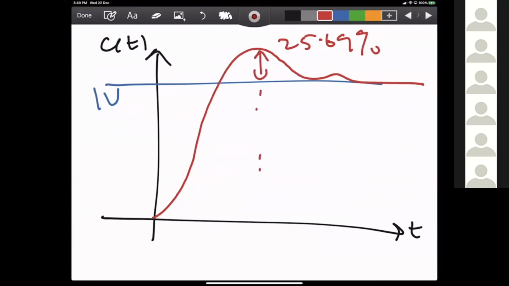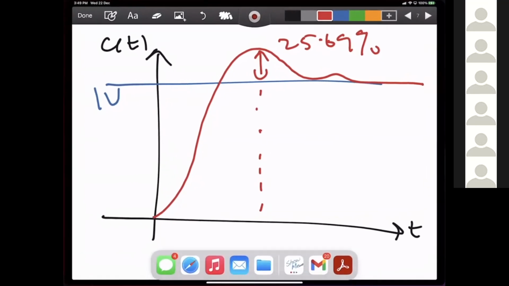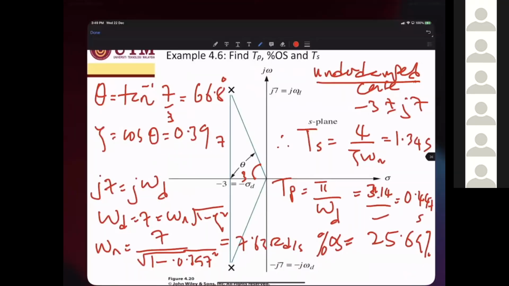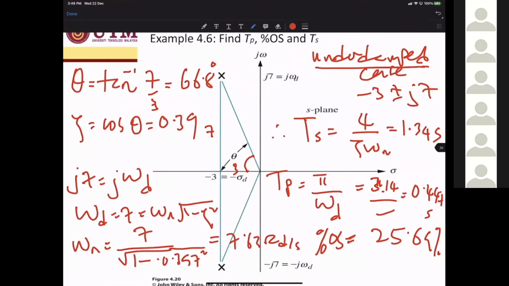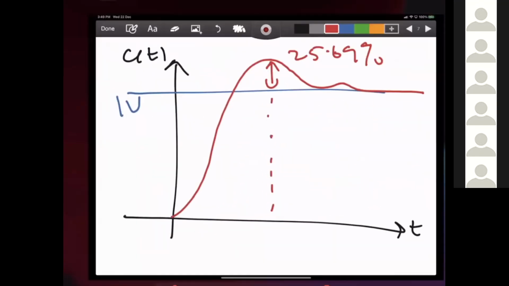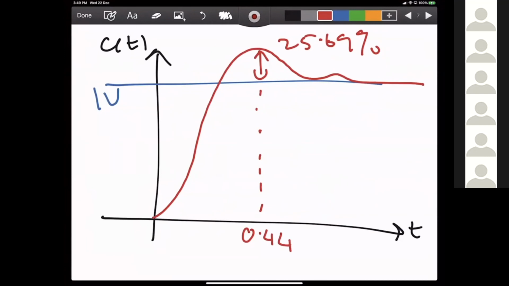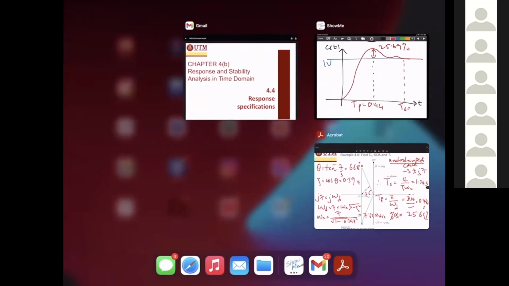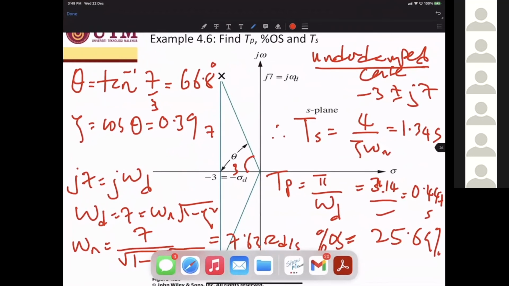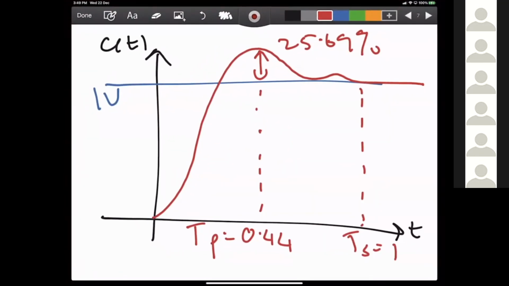Okay, peak time, Syakila said 0.44. Settling time, Syakila said 1.34. Okay, and then what else? Zeta and omega n. Okay, so this is the plot, roughly.